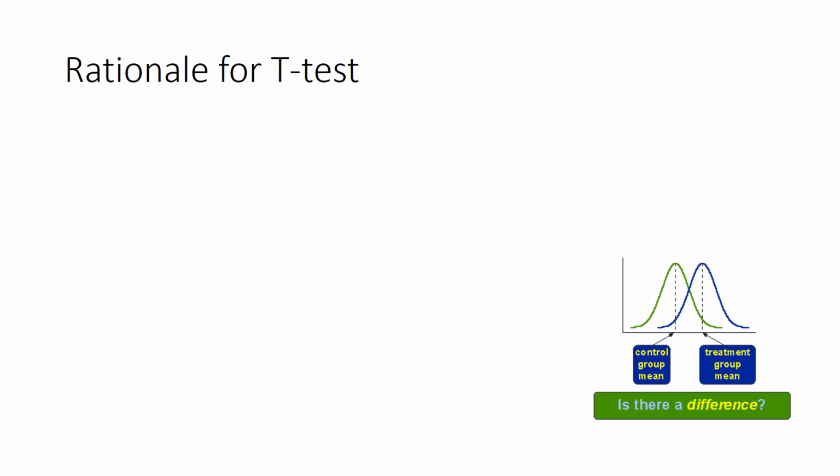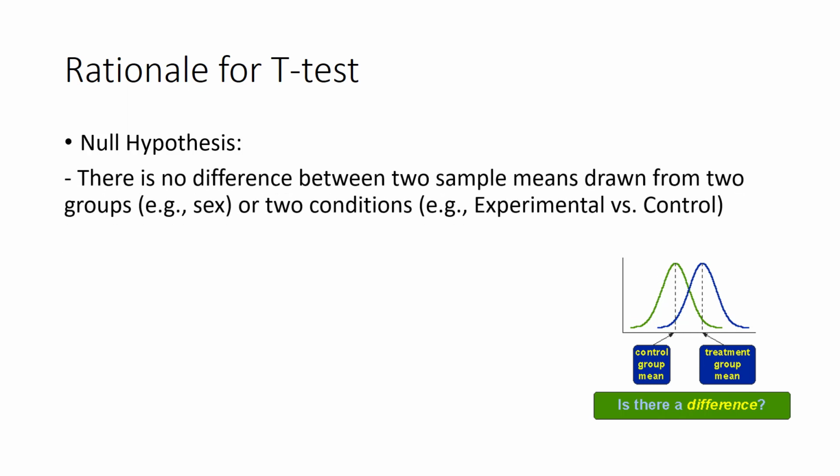Now let's talk about the rationale for t-test. Maybe you have heard that every test analysis requires a null hypothesis. The null hypothesis assumes that there is no difference between two sample means drawn from two groups or two conditions.